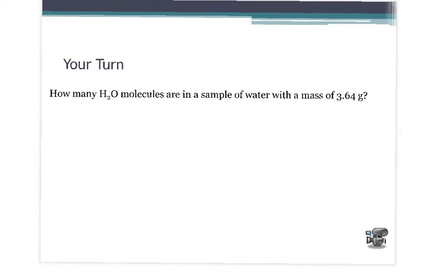If we have 3.64 grams of water, how many molecules do we have? We don't have a direct conversion factor from grams to the number of molecules, but we can go from grams to moles, and then we can go from moles to the number of molecules.